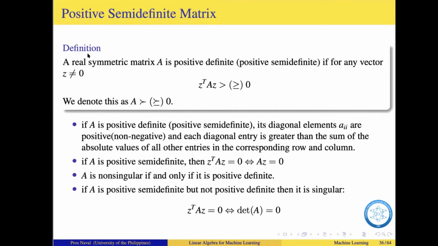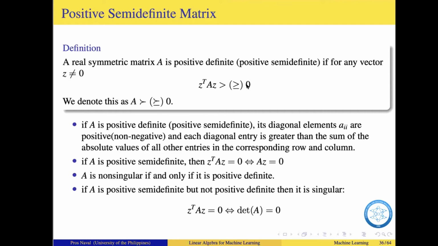Okay, so I'm sure you can do something similar. Now let's define the PSD, positive semi-definite matrix. A real symmetric matrix A is positive definite if for any vector z not equal to 0, z transpose A z is greater than 0.